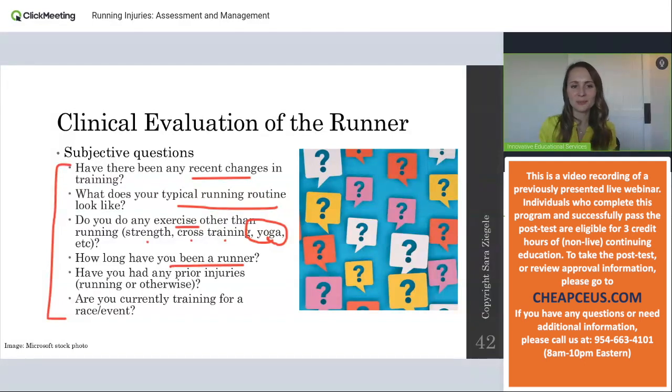I like to know how long someone's been a runner because that has a lot of information on their body's adaptability over time. Is this an activity that they're really accustomed to, or is it something that their body is really acutely adapting to? Of course, the question we posed on the previous slides, have you ever had running injuries before?